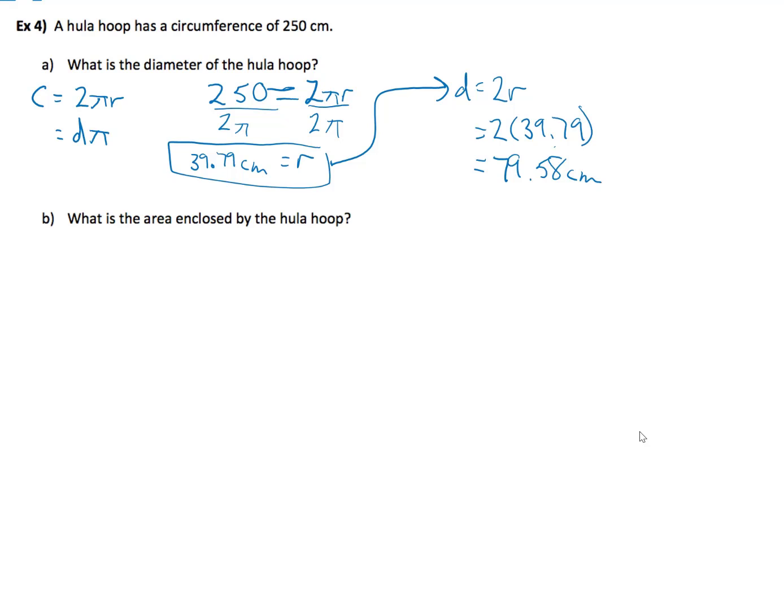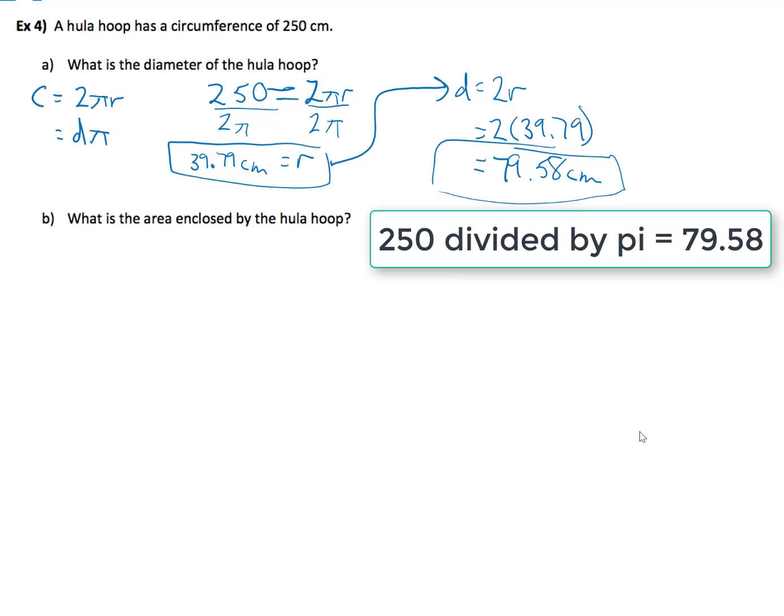Okay. And that's what your diameter is. That's your final answer. And a quicker way to have done this is if you chose to use c equals diameter times pi, you could have just divided 250 by pi. And if you divide 250 by pi, you'll get 79.58.